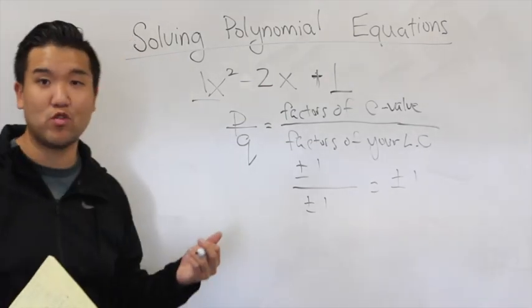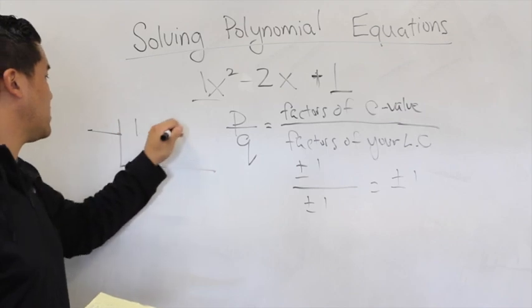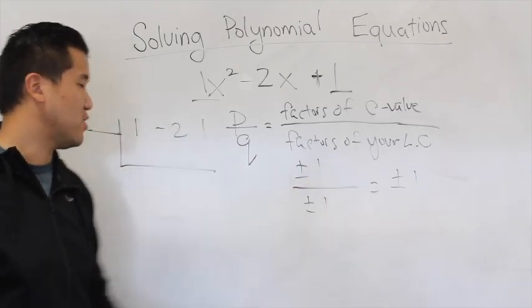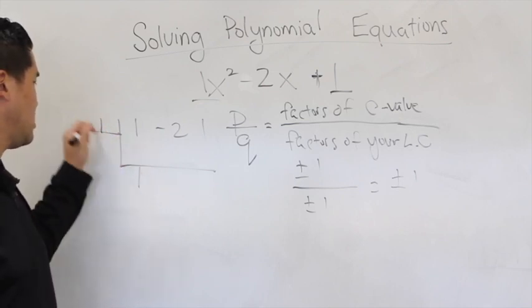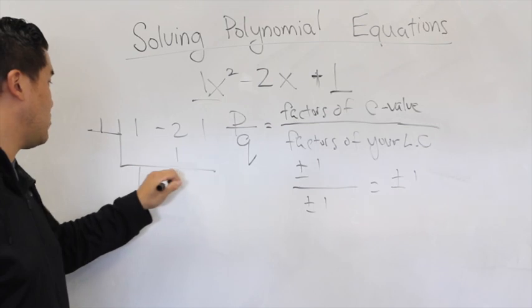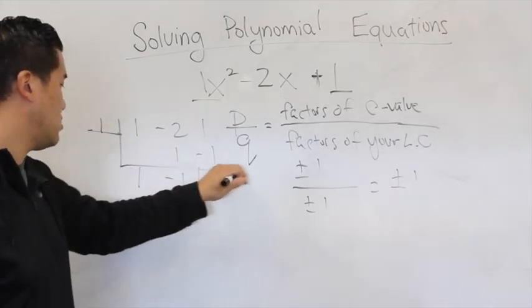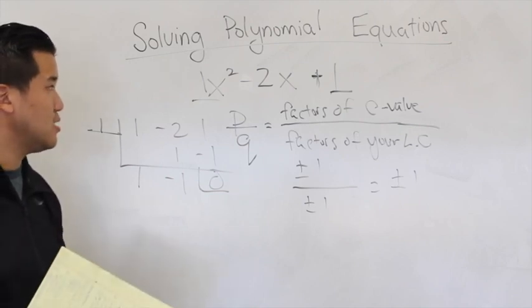So what do we do? We do synthetic division. You do 1, negative 2, 1. We test one of these guys. Let's just try 1. If I try 1, you multiply, you get negative 1, multiply, you get negative 1, so you get 0. So that is an option. What does that mean?